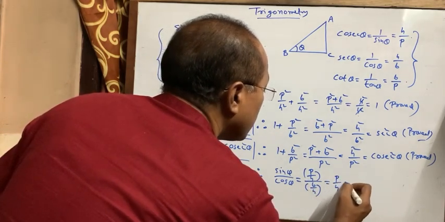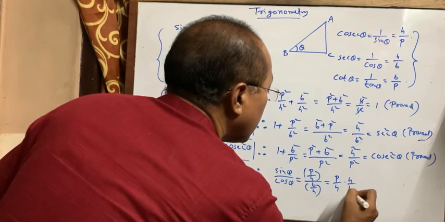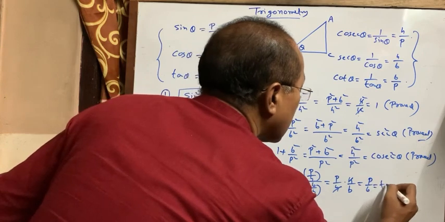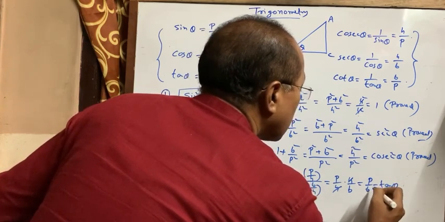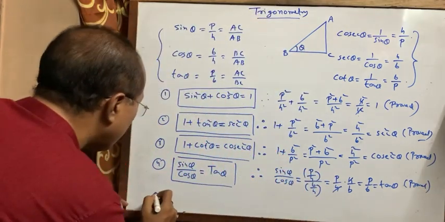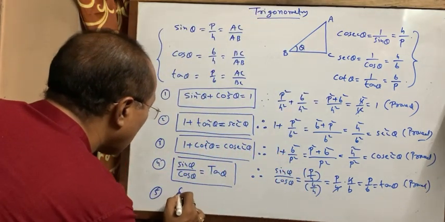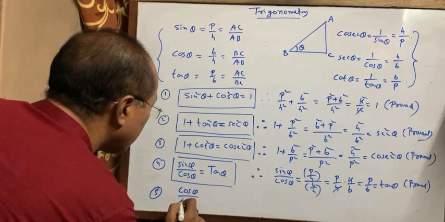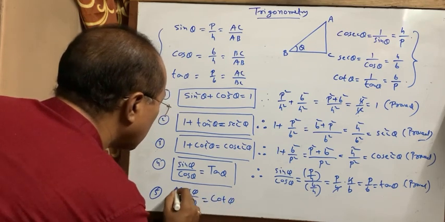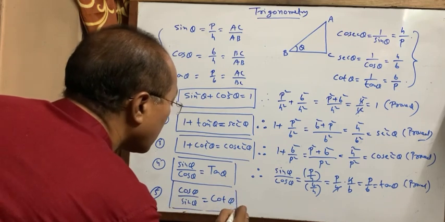Ultimately, we are finding perpendicular by base, that is tan theta. In the same way, cos theta by sin theta is cot theta.